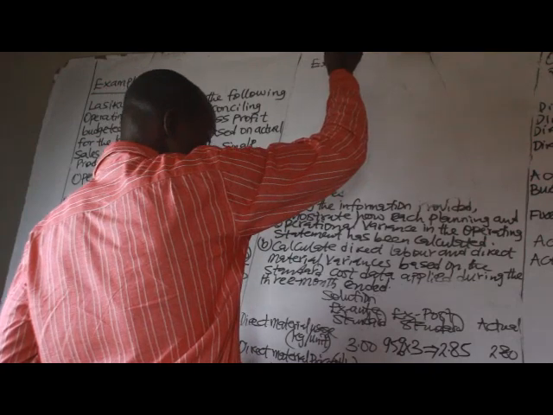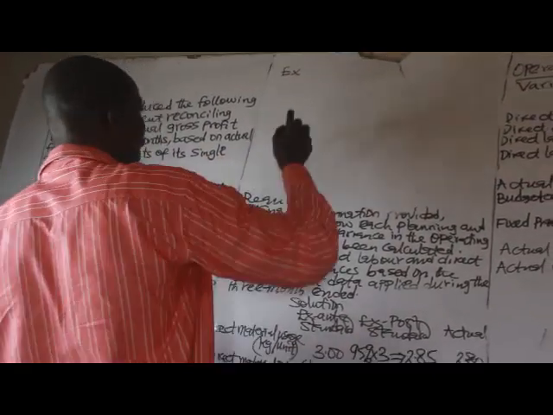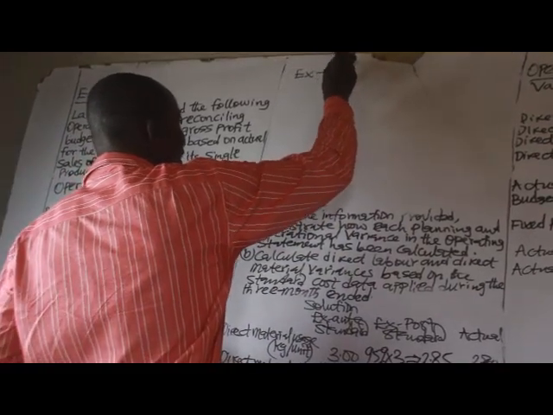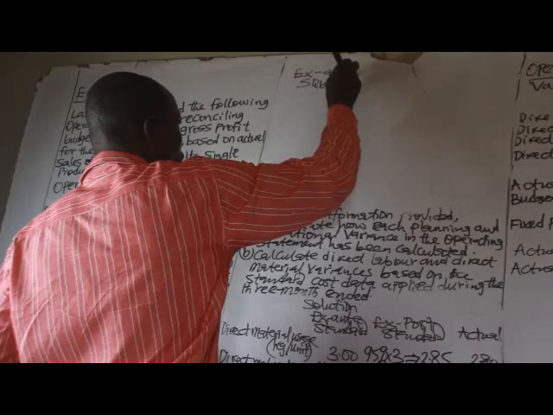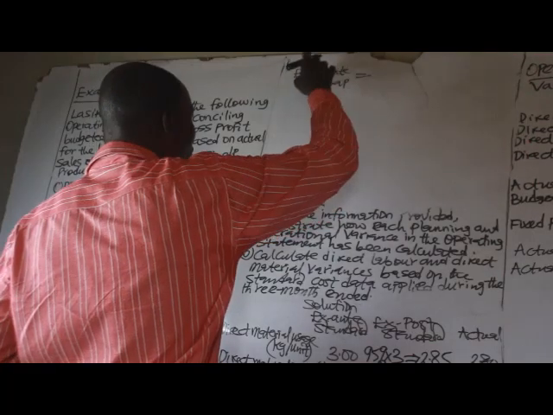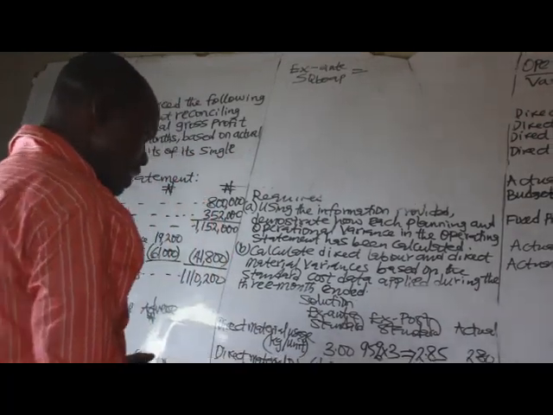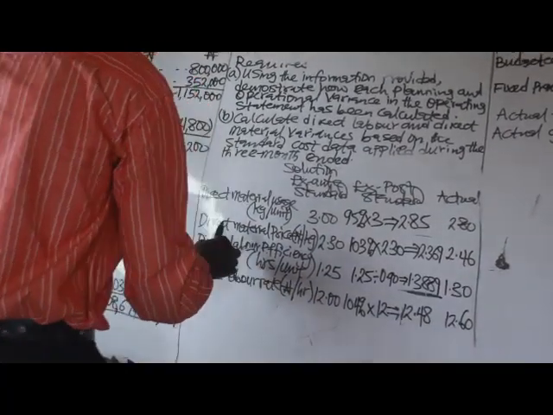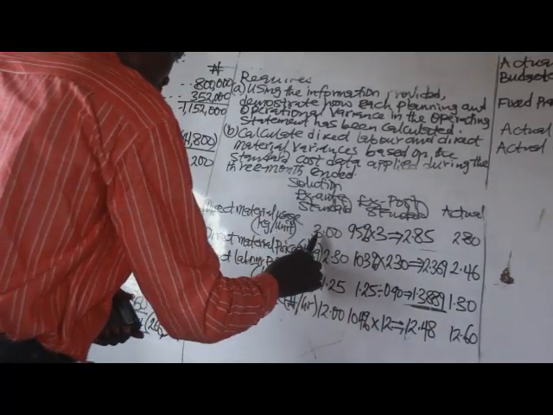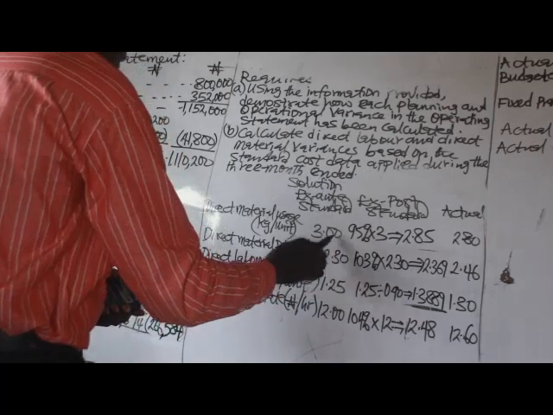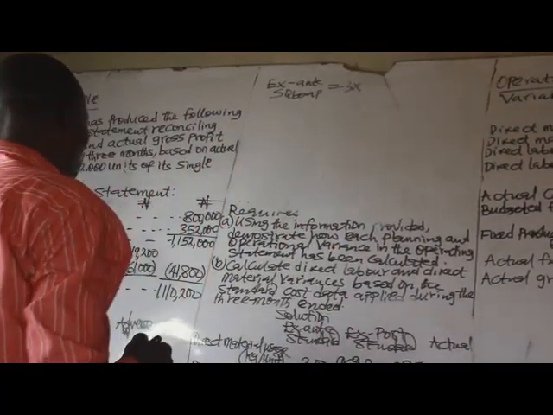You have been given the ex ante standard price and the ex ante standard quantity, and you have to replace it with the standard quantity based on actual production. For direct material usage, kg per unit, ex ante is 3. So we have 3 times what is our actual production?